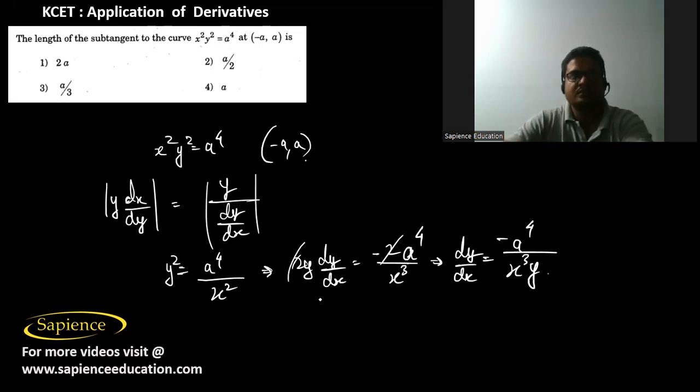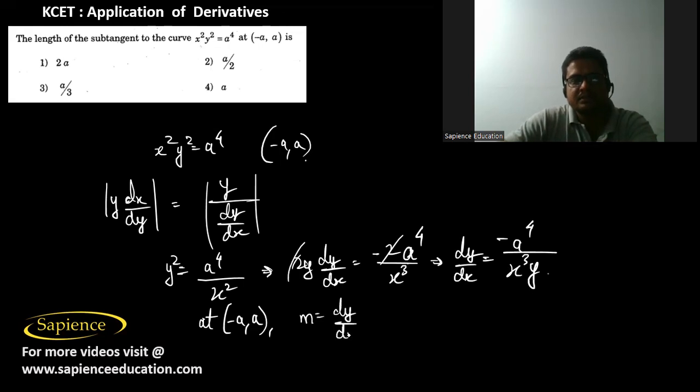So now at point minus a comma a, the length of subtangent will be given as mod of y by m, where m is the slope of the tangent to the curve at that point.